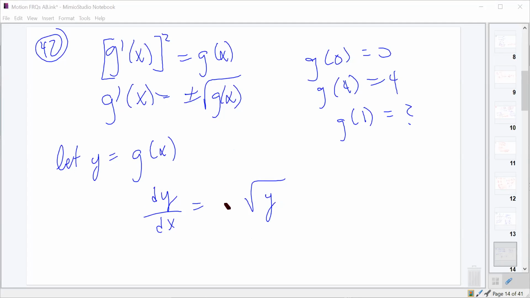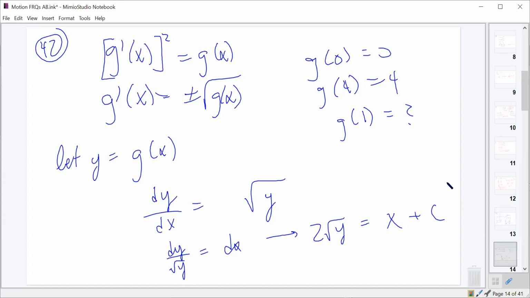If I've got dy dx equal to the positive square root of y, we should be able to separate the variables. Dy over root y equals dx, and then integrate, giving us 2 root y equals x plus our constant. And we can plug in 0, 0 to see that that constant is 0.